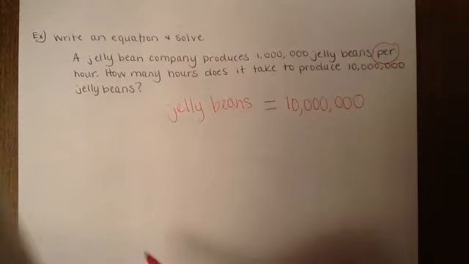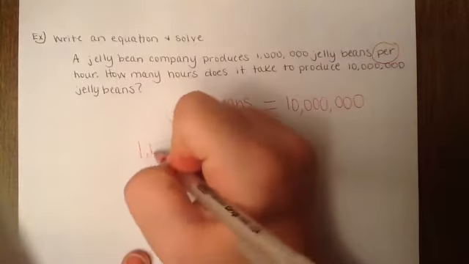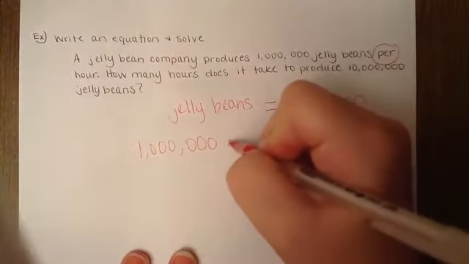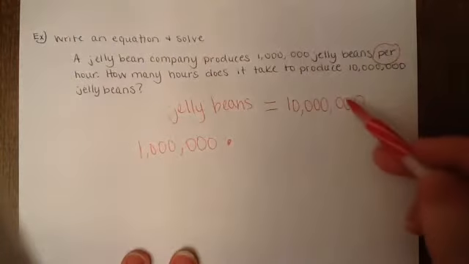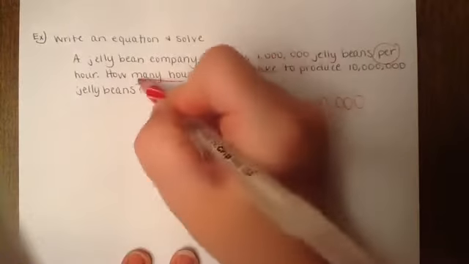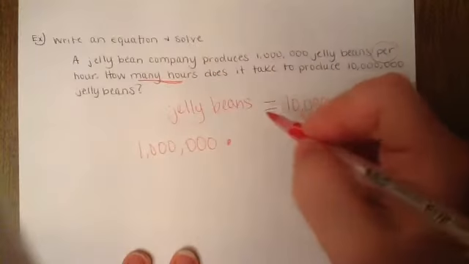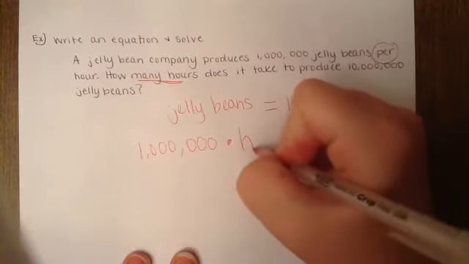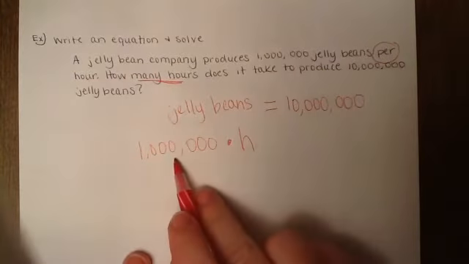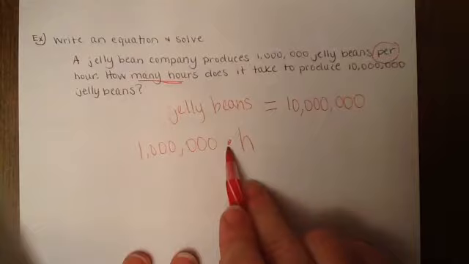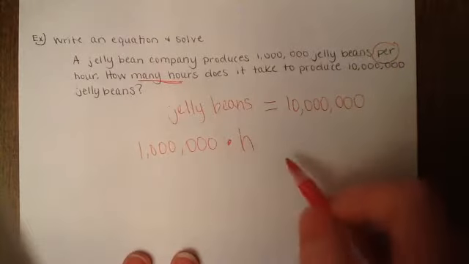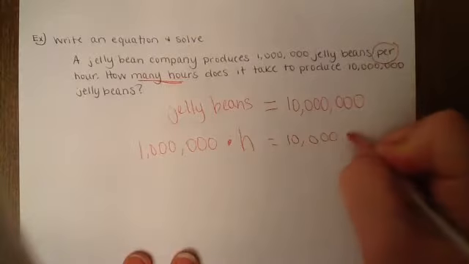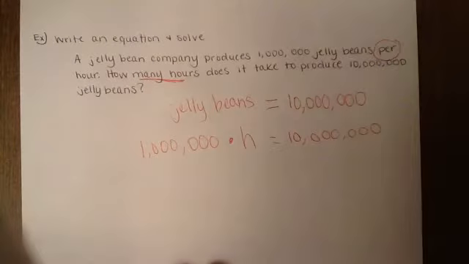So I have 1 million jelly beans times, what am I multiplying by in here? The number of hours. Do I know the number of hours? No, so that should be a variable. 1 million jelly beans per hour, so times the number of hours equals 10 million.